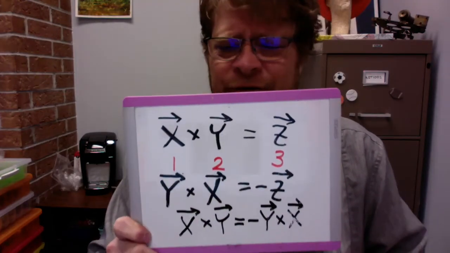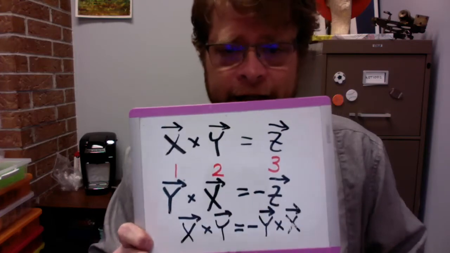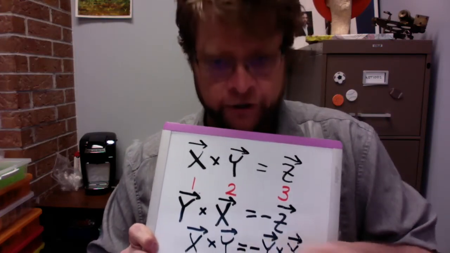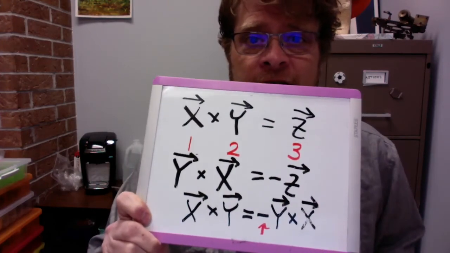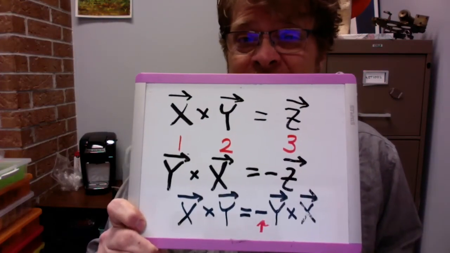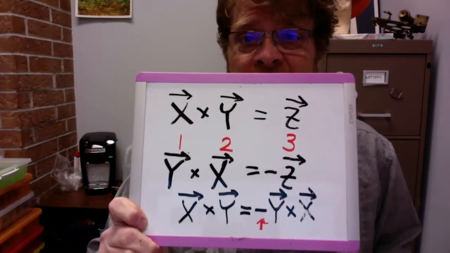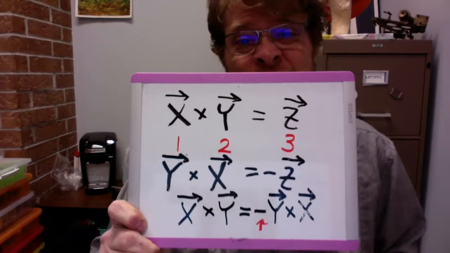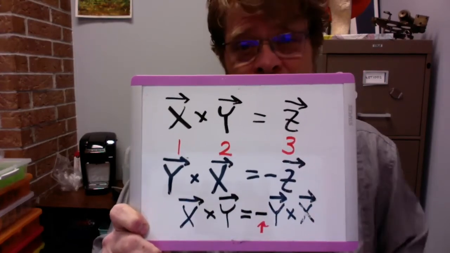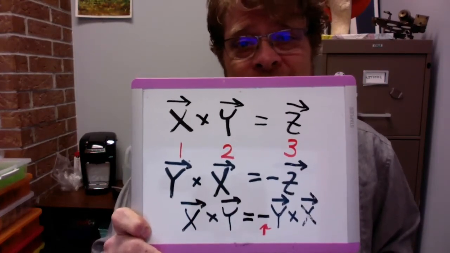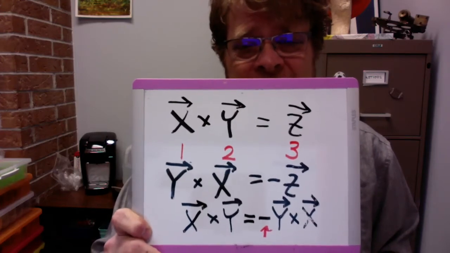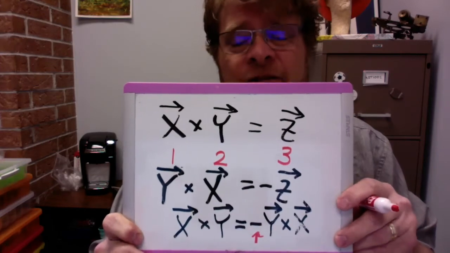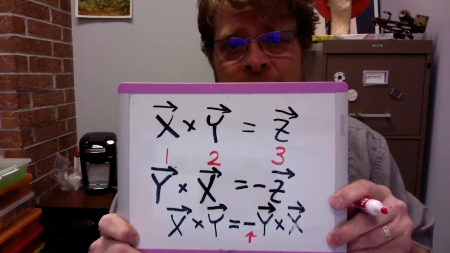But it means that if you aren't careful with your right hand rules, you will discover that monster, the minus sign of 180 degrees. And so if you do your vectors in the wrong order, you will incur the wrath of the minus sign of 180 degrees and experience all of the negativity that goes along with it. So be very, very careful with your right hand rules.